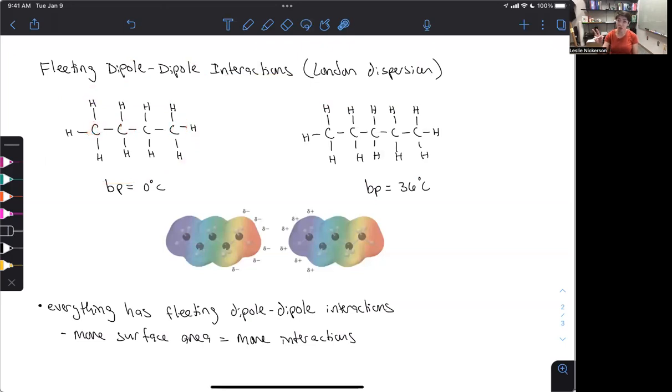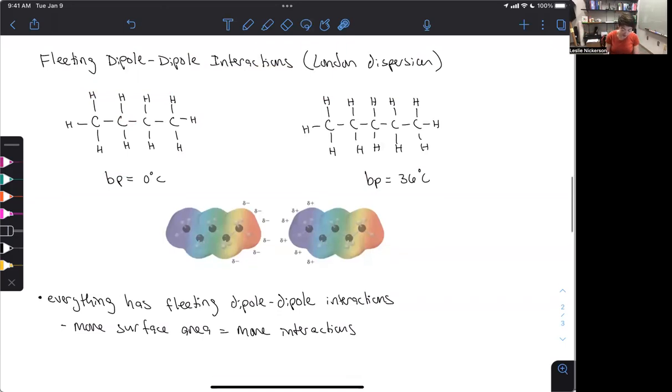And if you get two of those fleeting dipoles to line up together, then you can have a negative and a positive interaction, just like we've been seeing. So at the end of the day, intermolecular forces are all just about identifying where you can have delta plus, delta minus, and those two things are going to combine, okay?